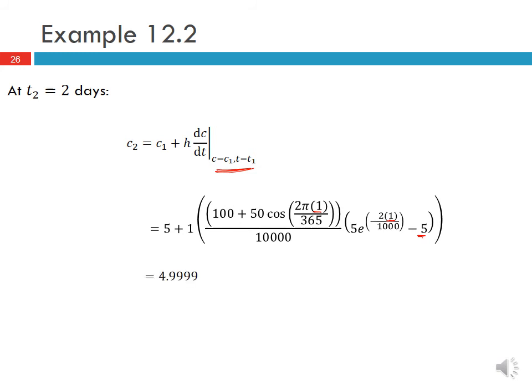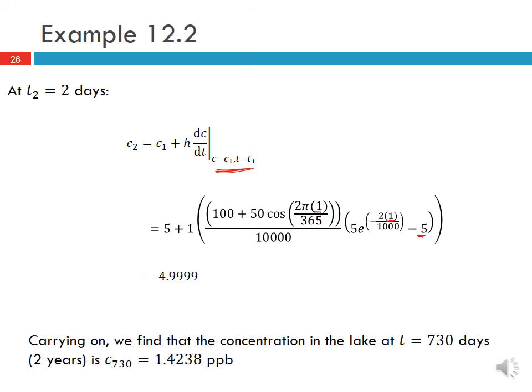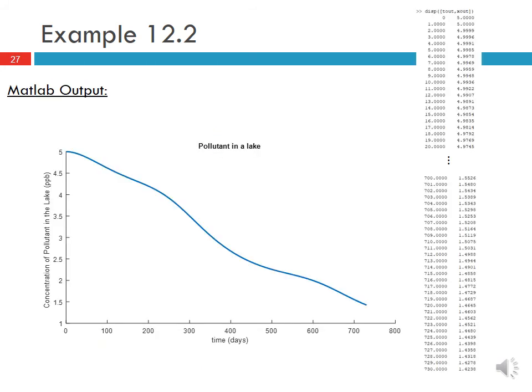So we find that C2 is equal to 4.9999. And carrying on, we find that the concentration in the lake at t equals 730 days is about 1.4238 parts per billion. And this shows the MATLAB output with the concentration of the pollutant in the lake over time.